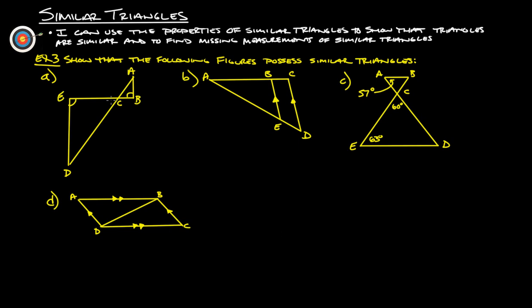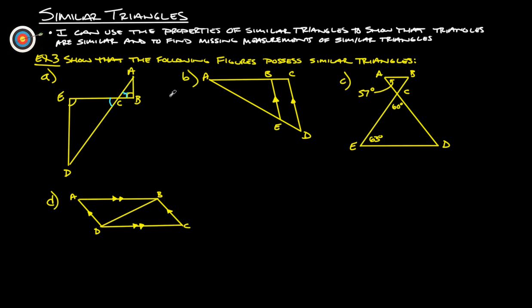We also know that this angle here and that angle there are the same from good old geometry, right? Vertical angles. So if we have two angles that are the same in two different triangles, then we know that the third angle also has to be the same.